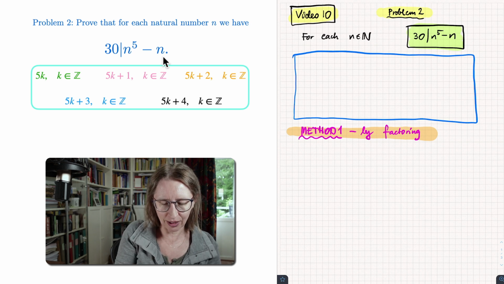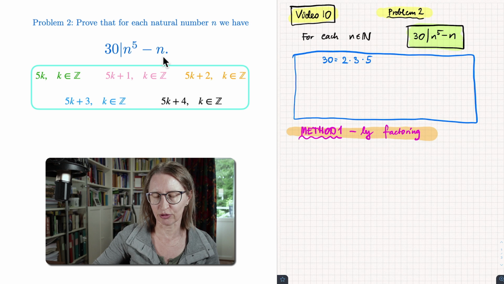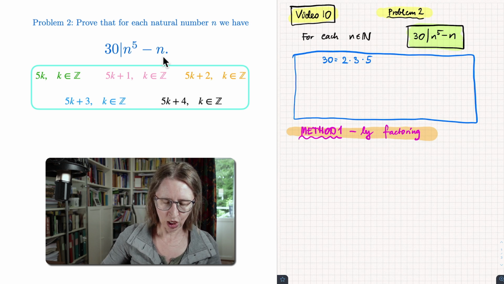First remark: 30 is equal to 2 times 3 times 5, and these three numbers are prime, so I can examine divisibility by each of them separately. You know this from the previous lecture.